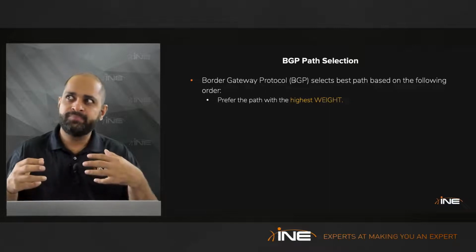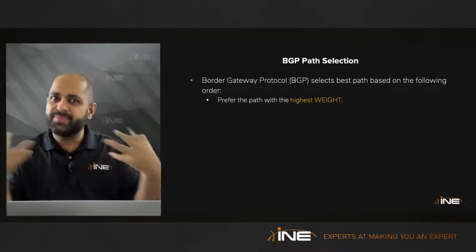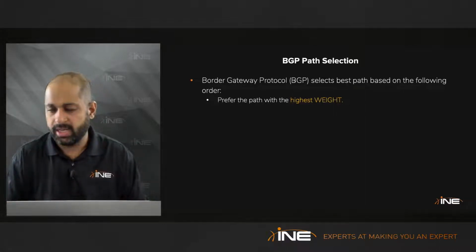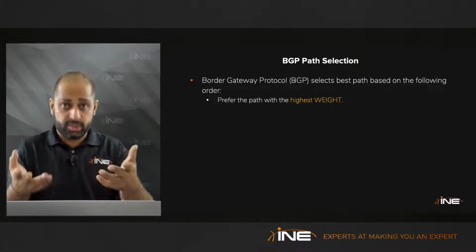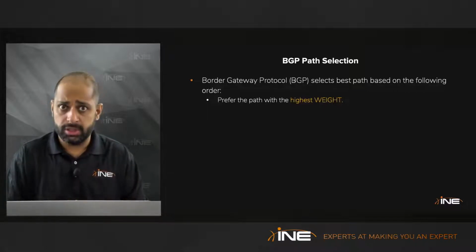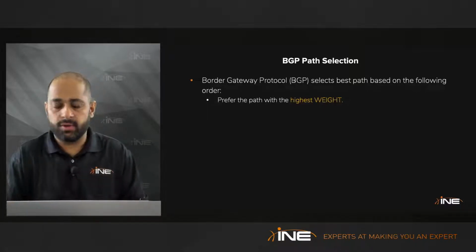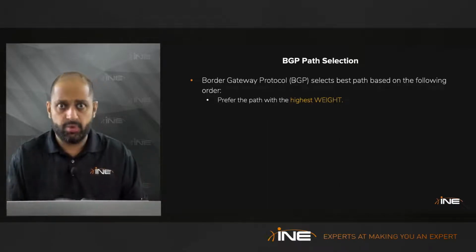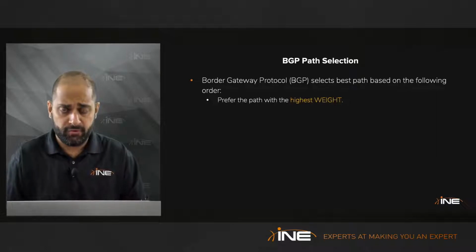But from a changes perspective, if you want to make some changes, then obviously the first one is going to be weight. Now weight is Cisco proprietary, so it's not well-known. It is optional. So other BGP implementations from other vendors may or may not understand it. They don't need to understand it.